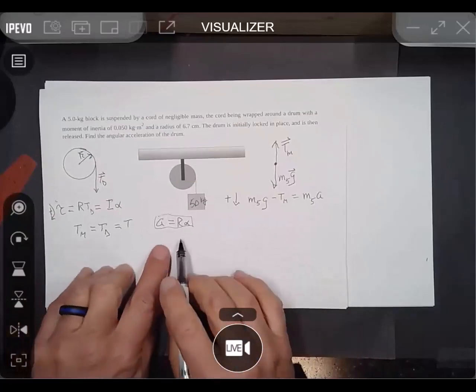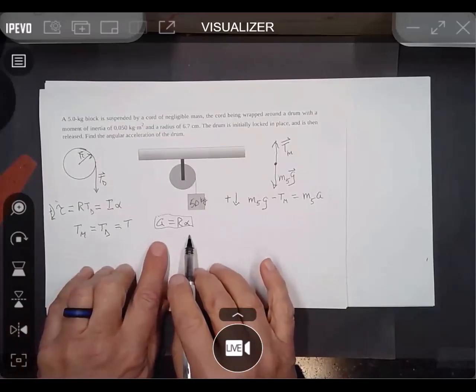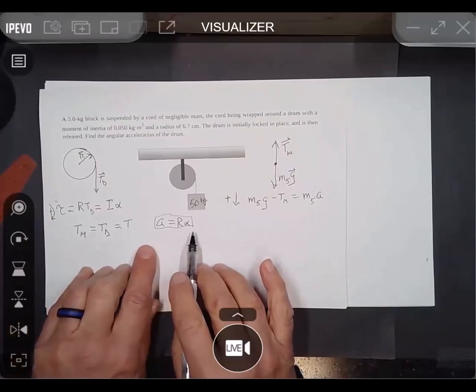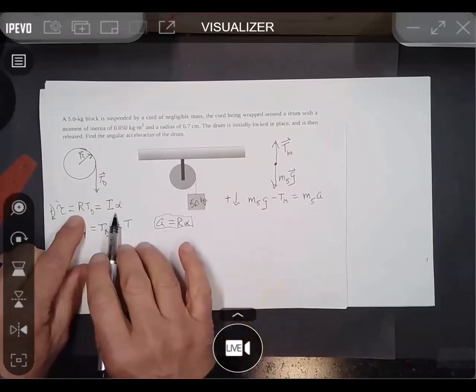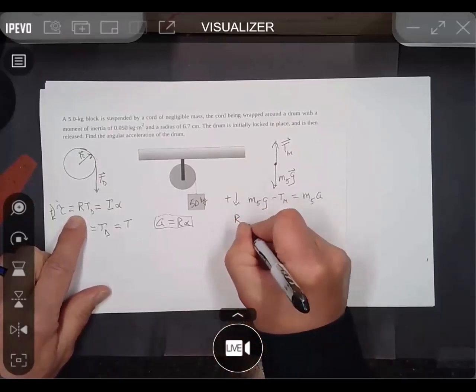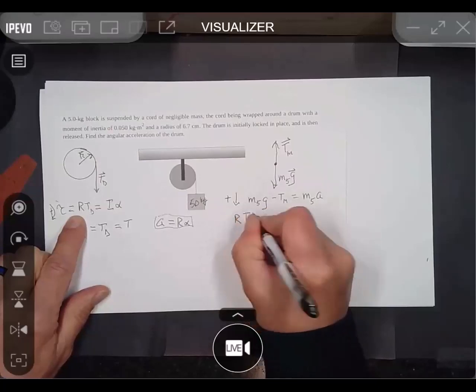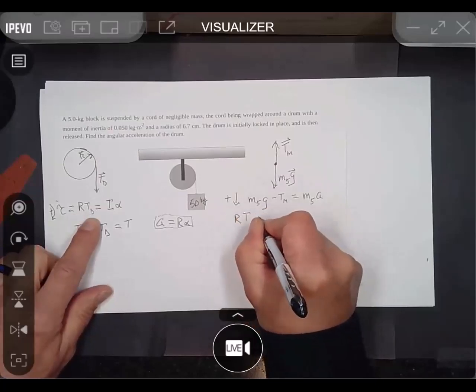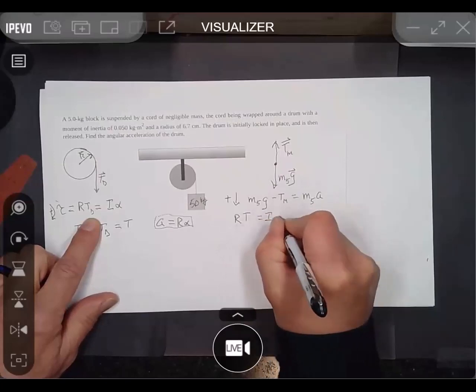So let's see, with those, I should be able to simplify this quite a bit. First thing I'm going to do is rewrite these equations. So this would be RT equals I alpha.